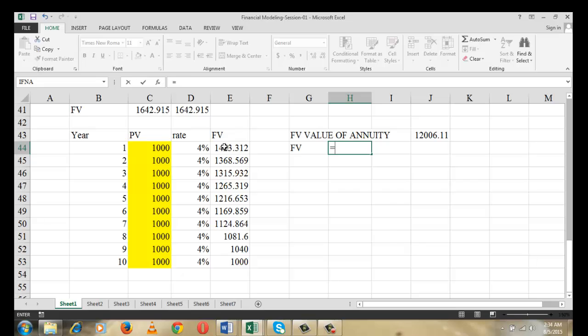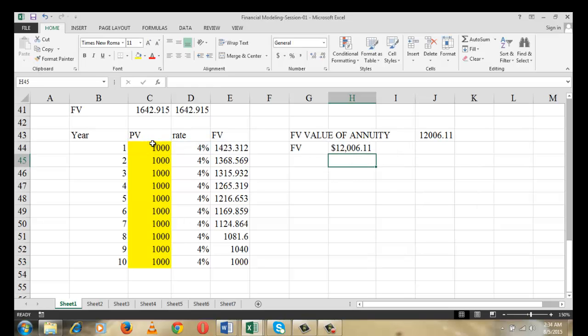Just write FV, rate 4%, NPER 10 years, then PMT with a minus sign, because here all the 1000 rupees are the case of an annuity. So that is PMT, comma, PV 0, FV 0, close bracket, enter. See this, you got 12,006.11 rupees.